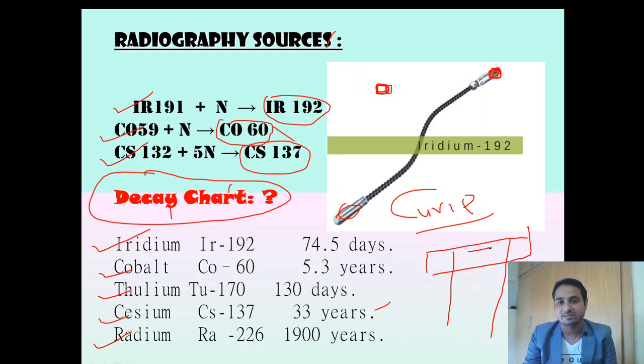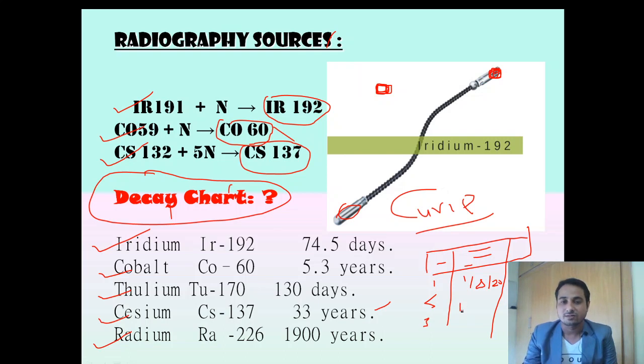There will be a serial number, machine serial number, permit number, and then a date. If it is 1/8/20, my source strength was 20 Curie.